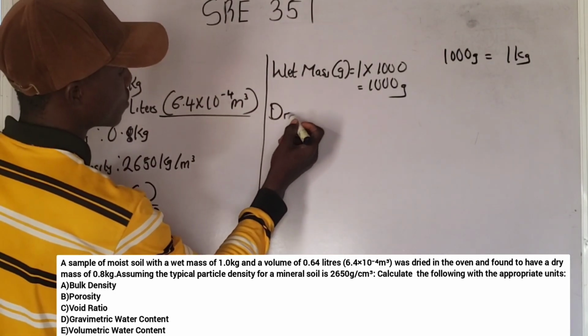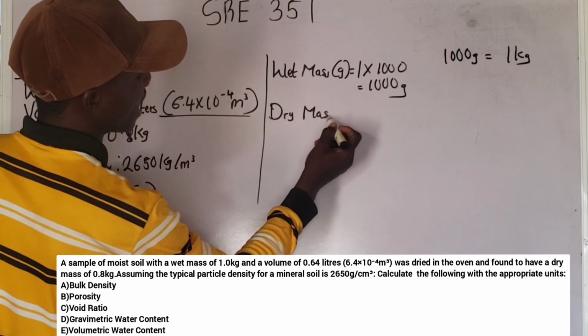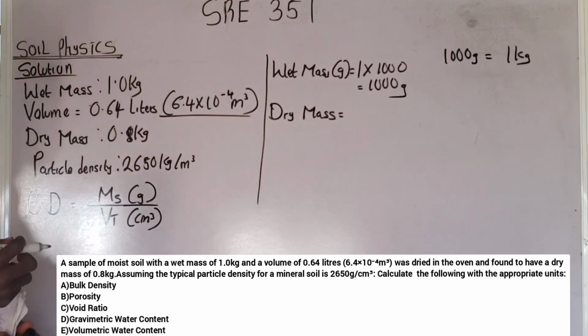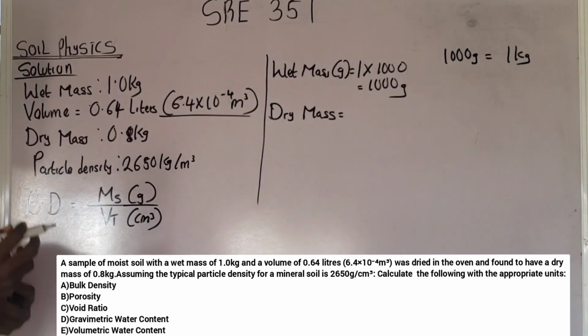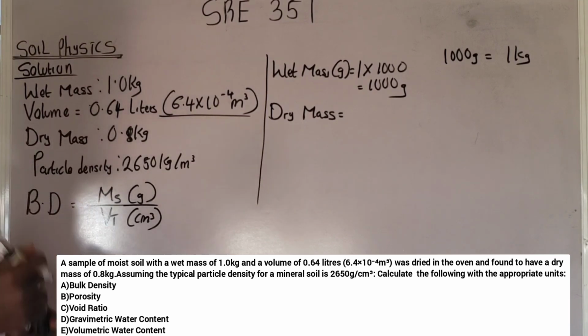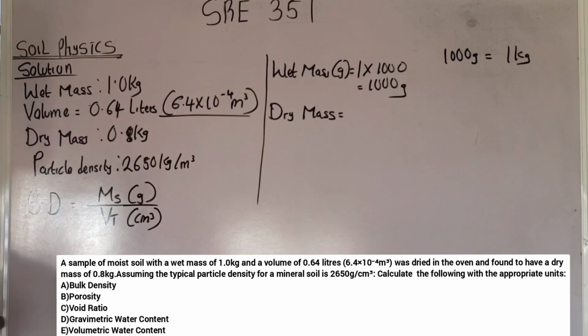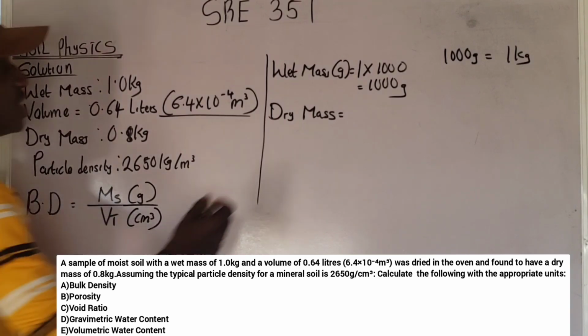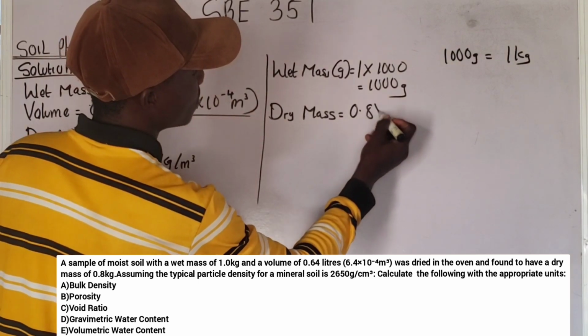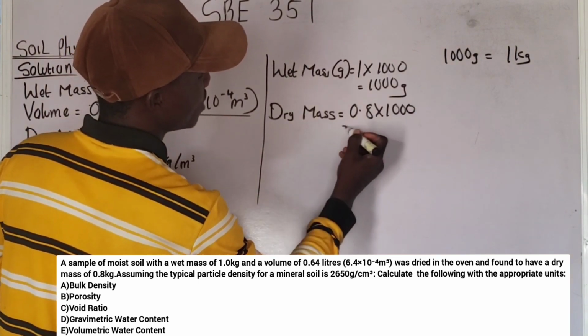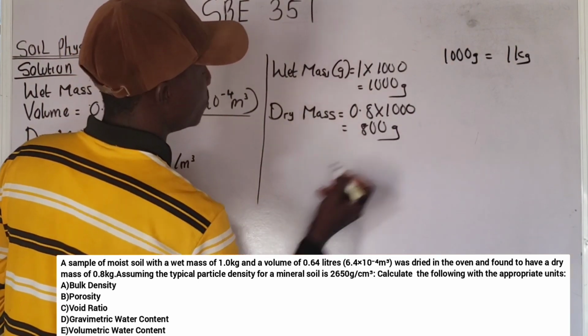The dry mass of the soil will be 0.8 also multiplied by 1,000. What I'm doing is changing the unit from kilogram to gram, because the bulk density should be calculated in gram per centimeter cube. So I'm going to have 0.8 multiplied by 1,000. That will be 800 gram.